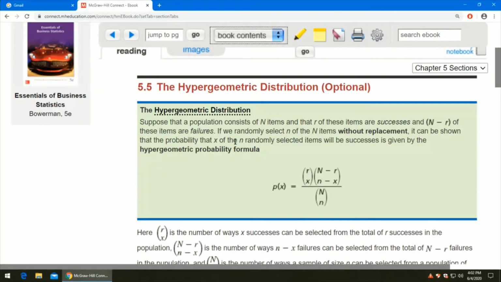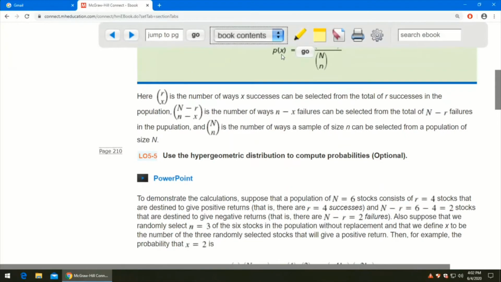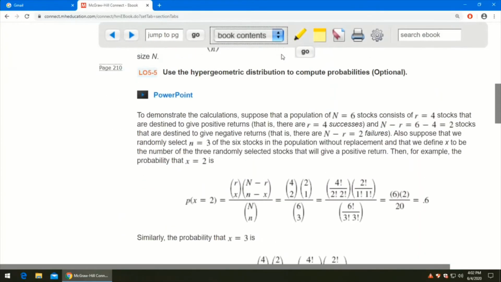Let me see, they're giving you an example here. We have 6 stocks, so N, the total number of stocks, is 6, that is 1, 2, 3, 4, 5, 6 stocks. We have R as 4. That is our desired result.